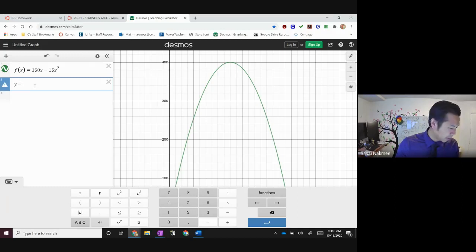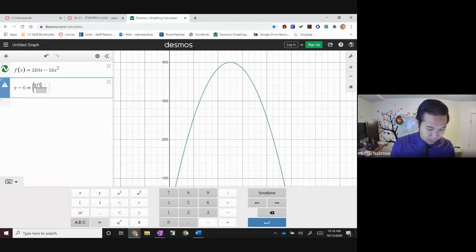Y minus, shoot, y minus 0 equals the slope, which is going to be, give me a second here. Don't write this down, but you can see my thought process of this.